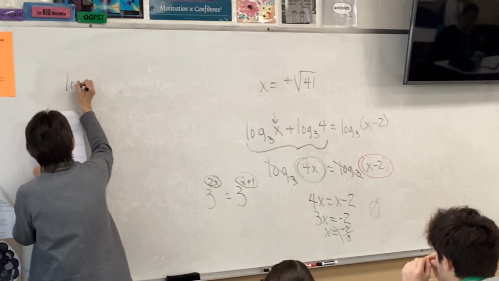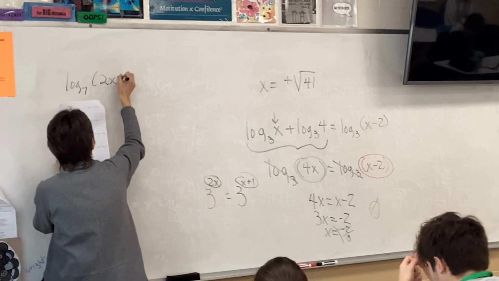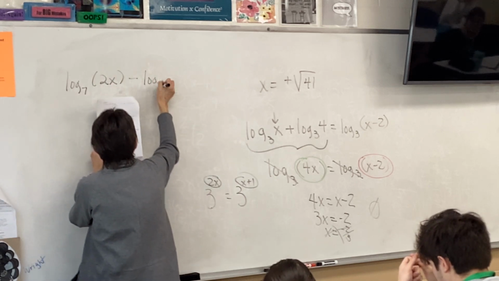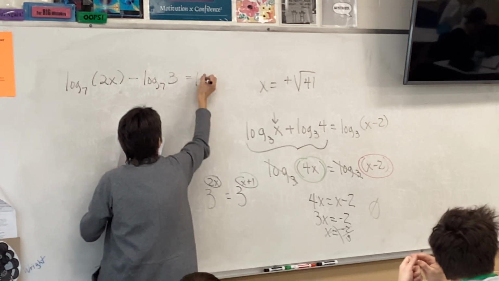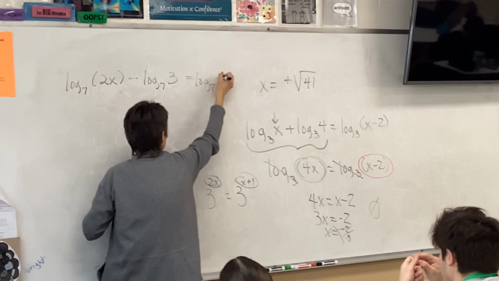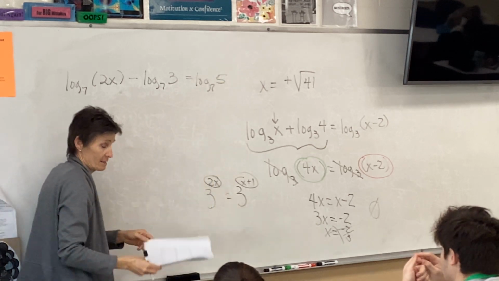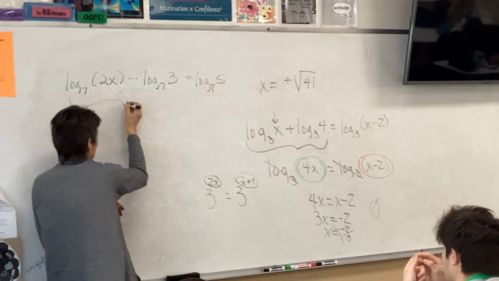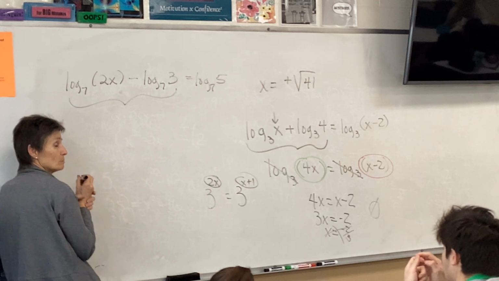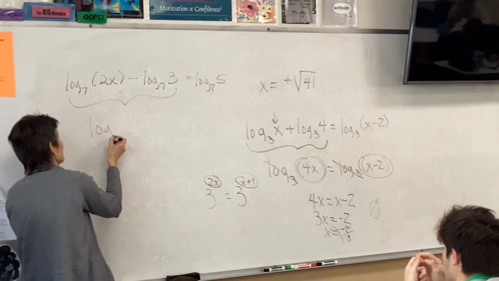All right, look at the next one. For the first time today, I have a minus. Now, that doesn't fundamentally change anything, but when I go to put these together now, that's going to become a division.